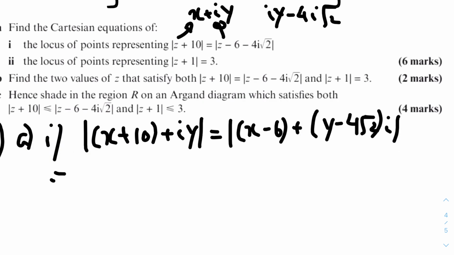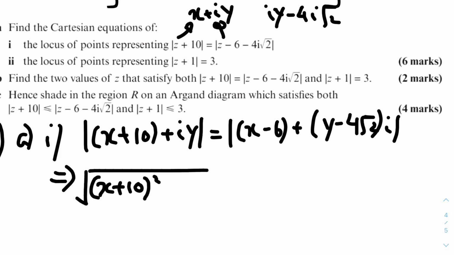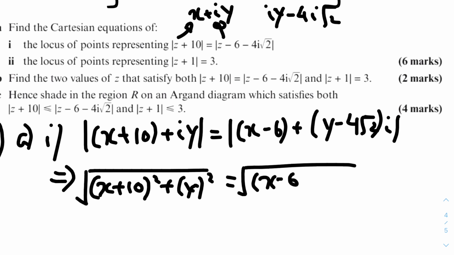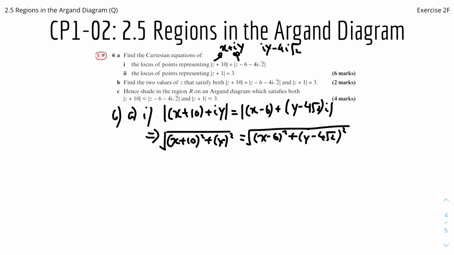So now we can basically just reverse the modulus by doing square root of both sides, x plus 10 squared, the bracket plus y squared, right? Do the same to the other side, x minus 6 squared plus y minus 4 root 2 squared. So from this point onwards, you can basically just simplify the whole equation.